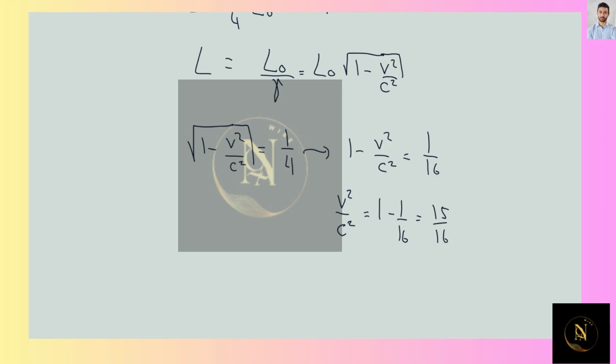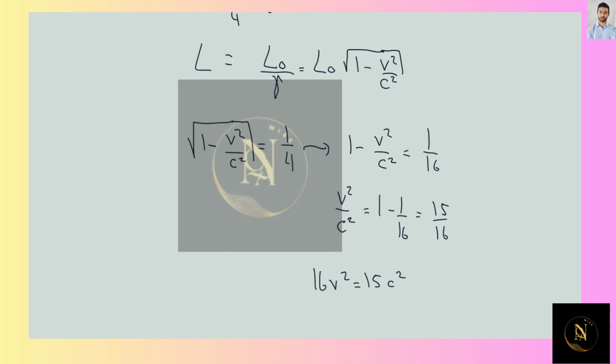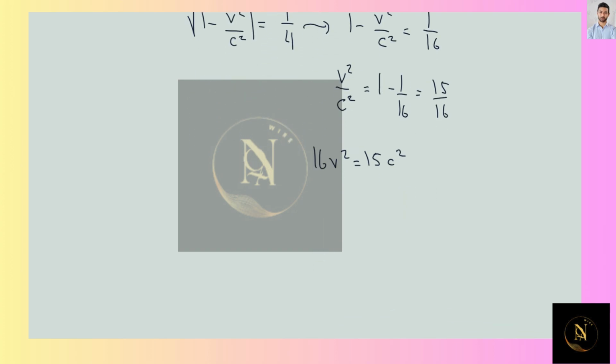So from here, 16 times v squared needs to be equal to 15 times c squared. So v squared needs to be equal to 15 over 16 c squared.